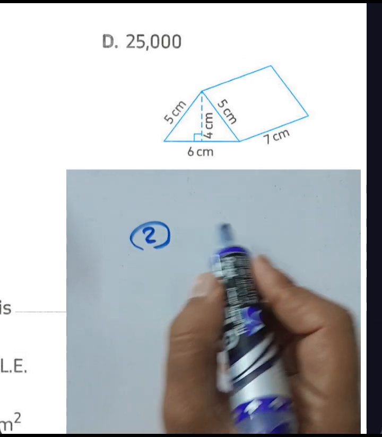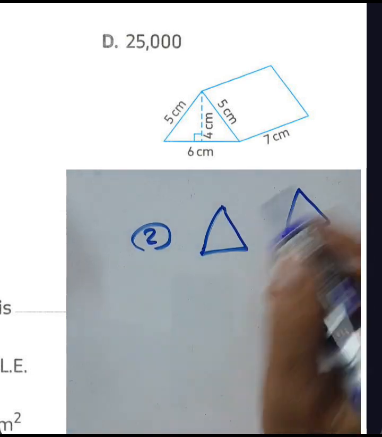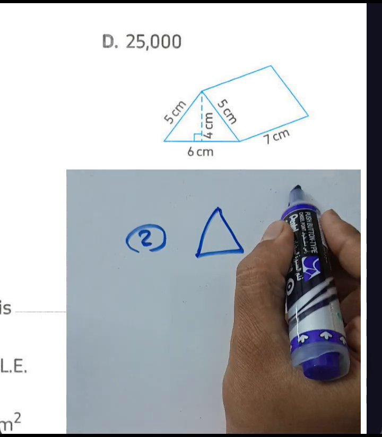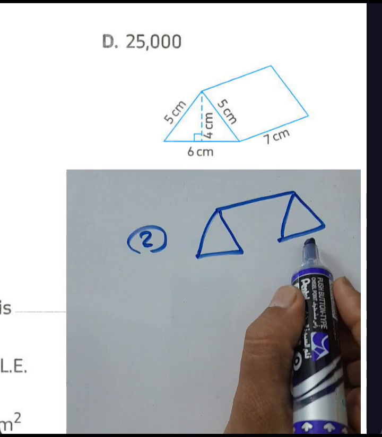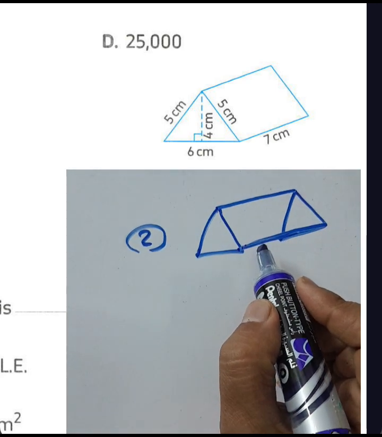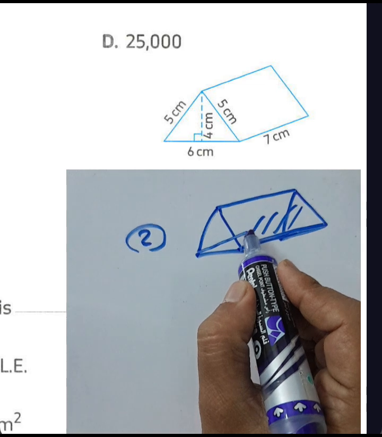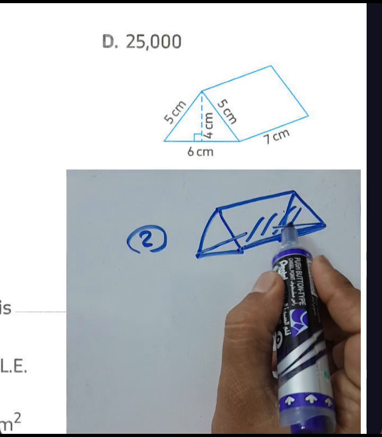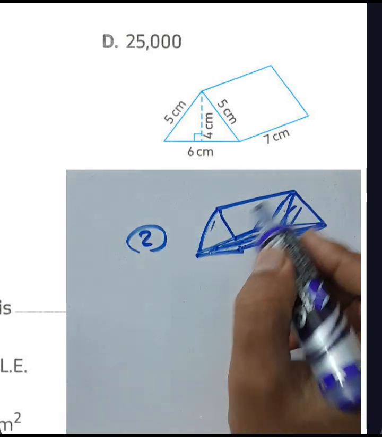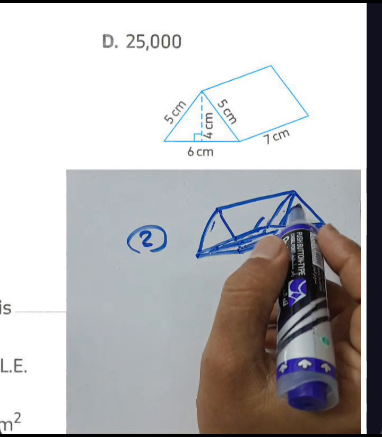We have this triangle in the face, and a congruent triangle on the left-hand side, and we have this rectangle here, and another rectangle in the base, and another rectangle behind this rectangle.